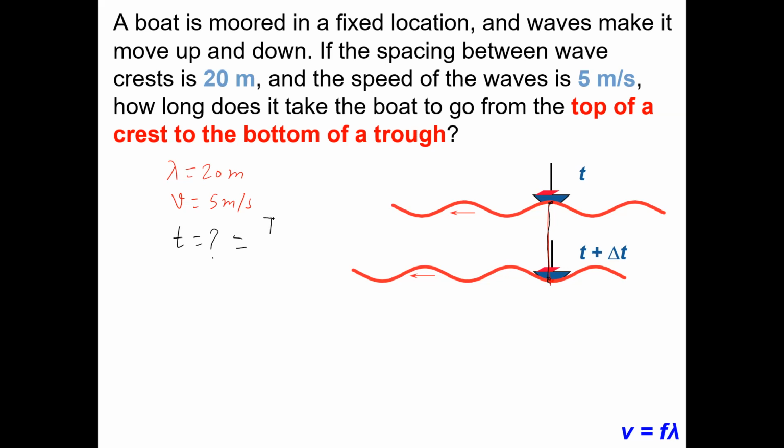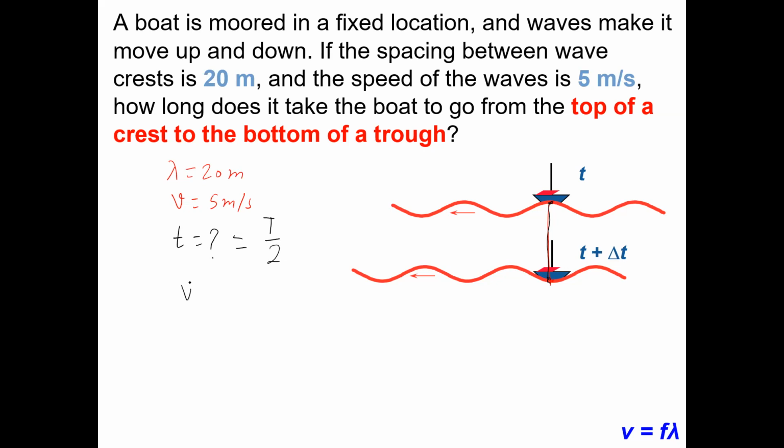So it means we have to calculate time. From our concept, I already know that should be half of the time period. So first I want to calculate the time period, and then I can easily calculate time. To calculate time, I need frequency, because frequency and time period are inversely related.